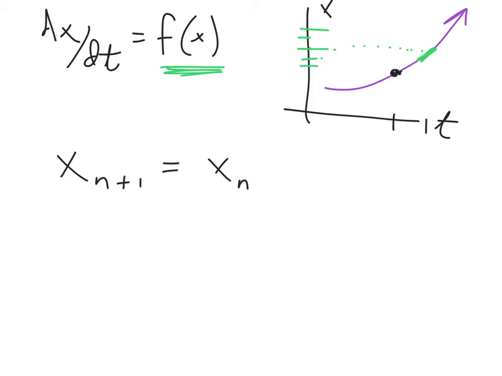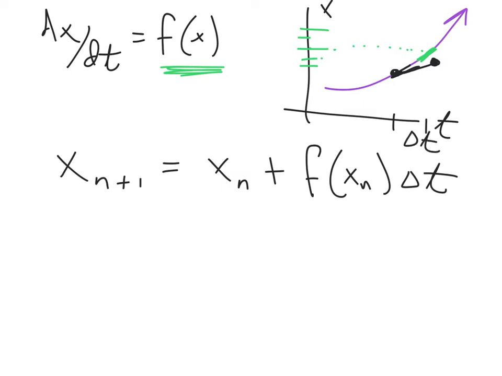We're going to take our current value, and we're going to measure the slope at that point, and we're just going to move forward by that slope for this amount of time t, and this will be our estimate of what happens to the solution. So f of x sub n delta t, where this little distance is delta t. This is a method of attempting to draw an approximate solution to the differential equation.